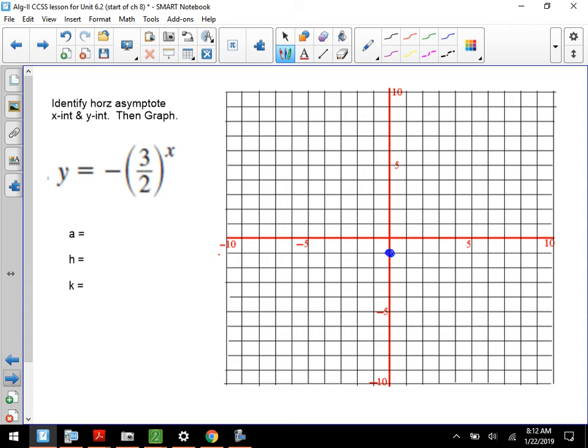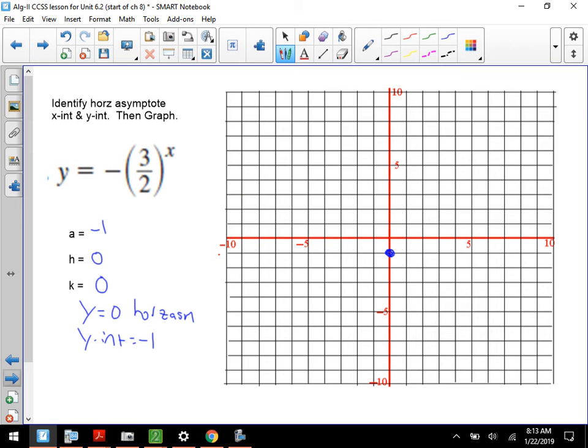Horizontal asymptote is at 0. So these guys are both zeros. A is -1. So y equals 0 is your horizontal asymptote. Our y-intercept is at -1. And then again, start walking through your mind about how you work with these values.